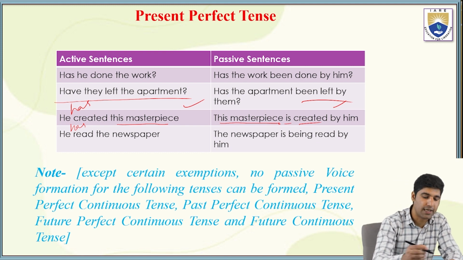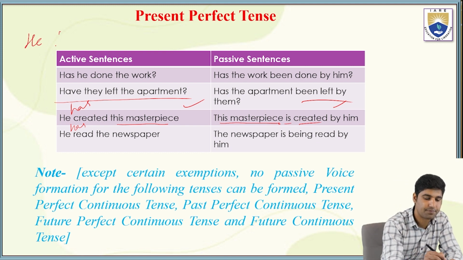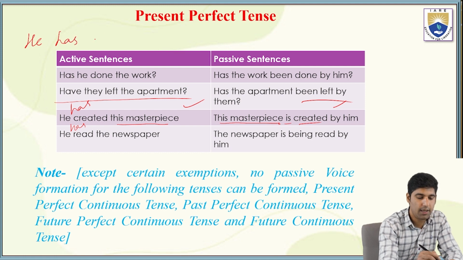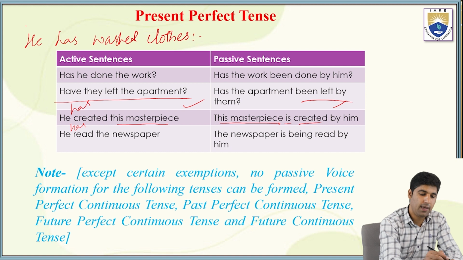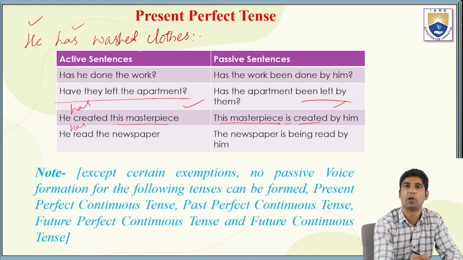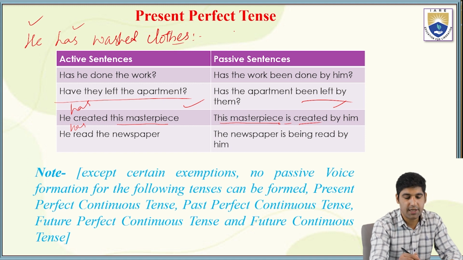I will write one more sentence. He has washed clothes. He is the subject, then has, then verb third form, then object. I'll make it passive. The object will be the subject here.